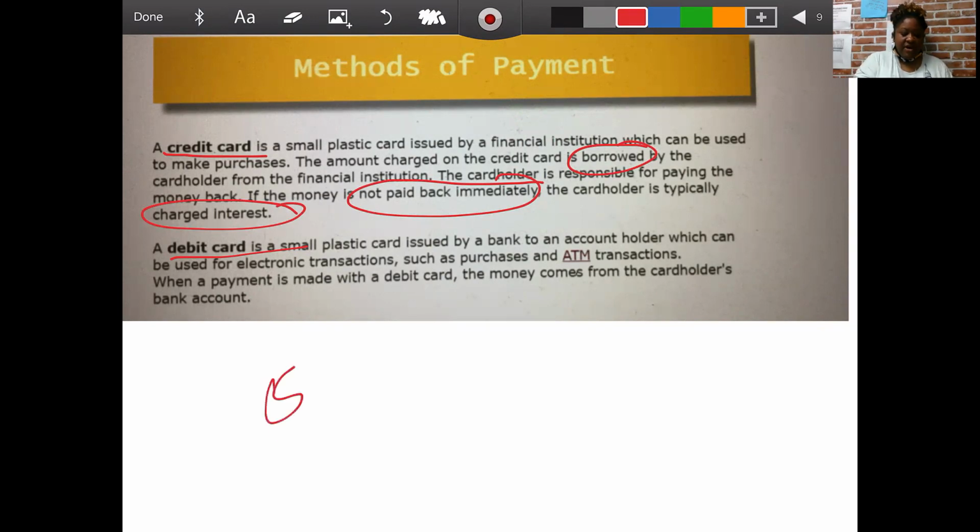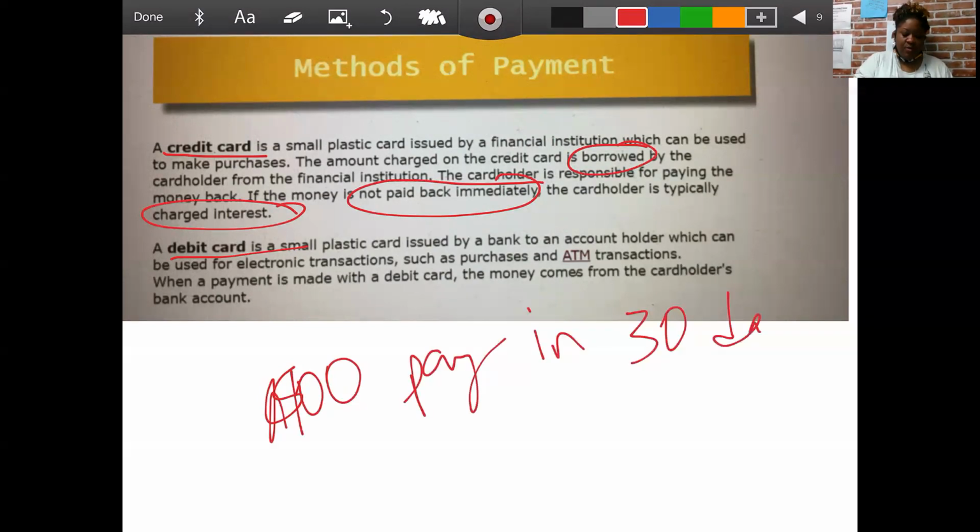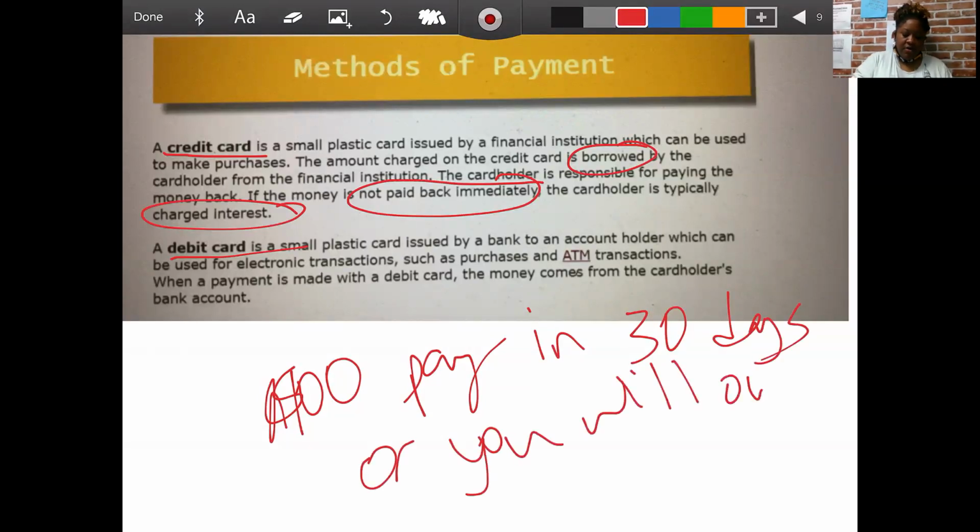So say they gave you $100, and you have to pay in 30 days, or you will owe $150. That's just an example. So if you don't pay it back in 30 days on that credit card because you borrowed it from the bank, you have to give them extra money in order to pay it back, okay?